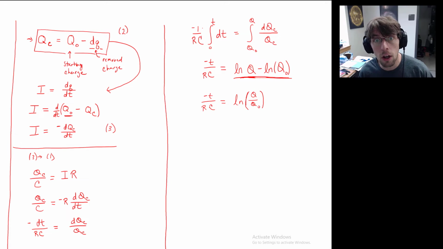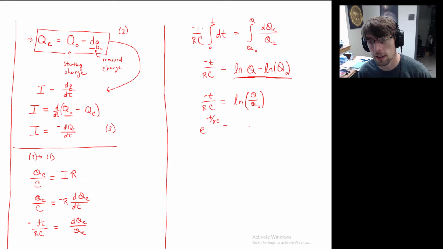Now, how do we get rid of a logarithm? We raise the logarithm to whatever the base is. Now, this is a fancy logarithm. This is the natural log, so this is base e. So we need to raise both sides of this equation to the e power. So we take e to the negative t over RC.